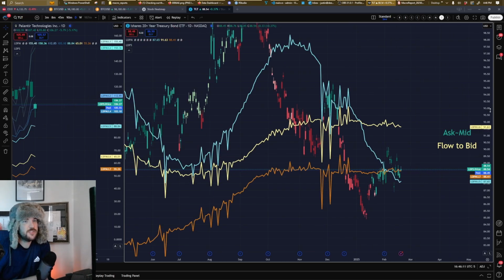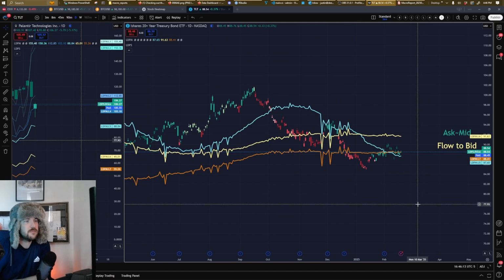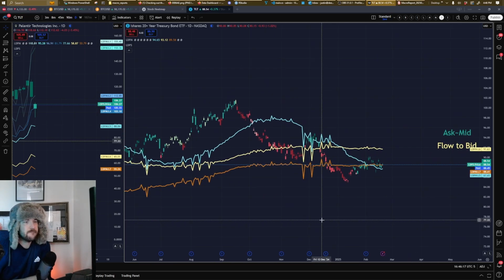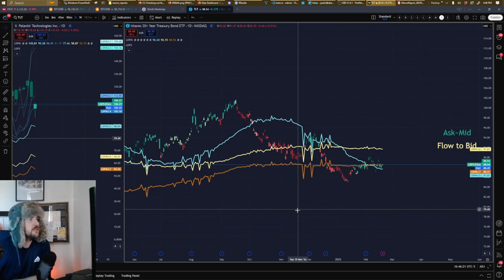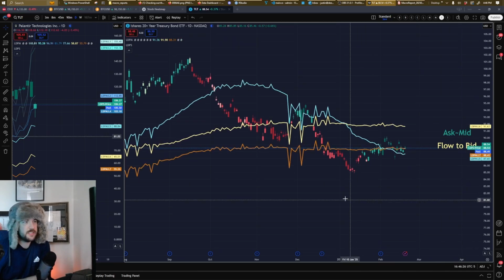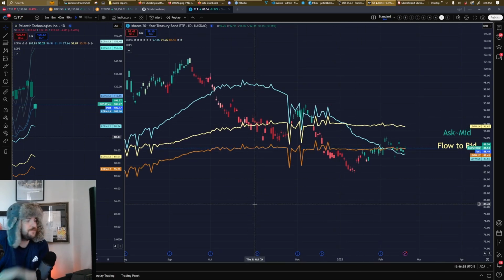So I think TLT is still well within bullish territory, honestly, despite the market's protests. Because TLT is the treasury bond ETF, right? So a bullish TLT is typically bearish for equities.